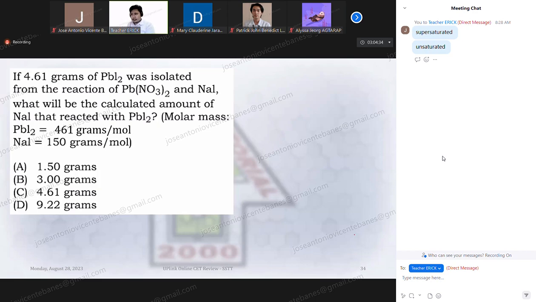If you're given this kind of question, you first have to make an equation and balance it, which means identify the product and the reactants. So PbI2 was isolated. Therefore, this is a product, and the reactants are lead nitrate and sodium iodide. Now let's try to write.